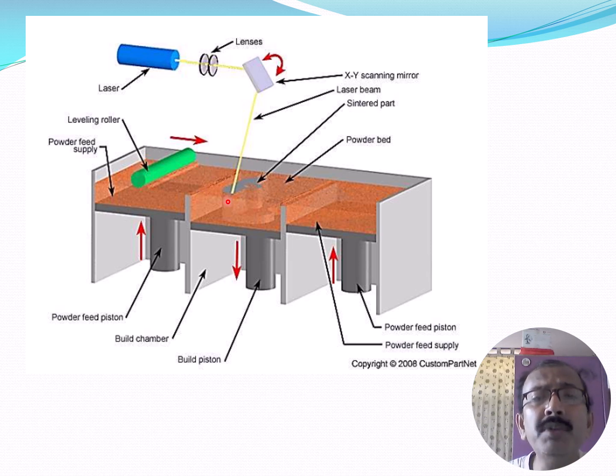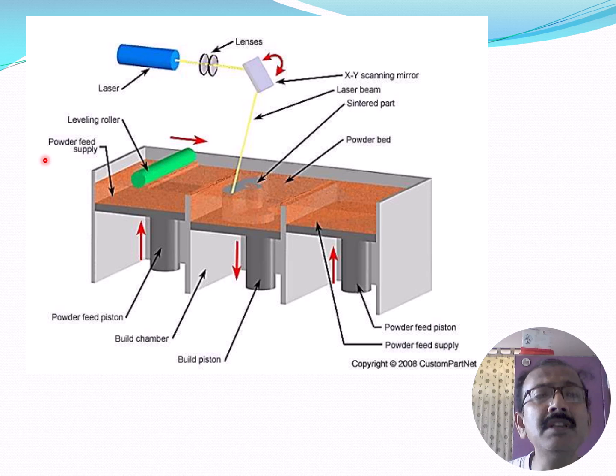When the laser system completes producing one layer by melting it, the roller passes over, so another thin layer of powder is laid on that layer, and after melting it will attach with the previous layer.